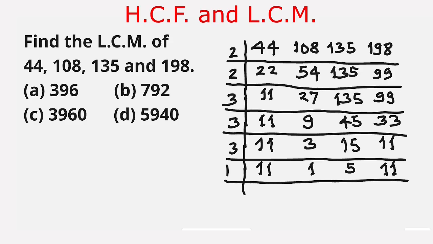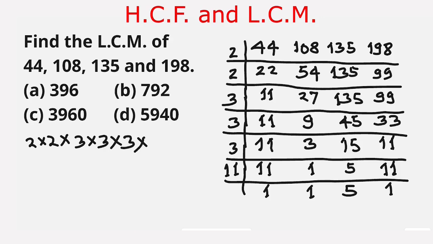Now we divide this by 11. 11 divides 11 for 1 time. We carry 1 as it is, 5 as it is, and 11 divides 11 for 1 time. Now our LCM is 2 multiplied by 2 multiplied by 3 multiplied by 3 multiplied by 3 multiplied by 11 multiplied by 5. 1 5 and 1 2 will make 10, so we will put 0 at the end.